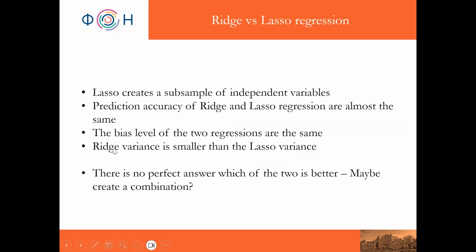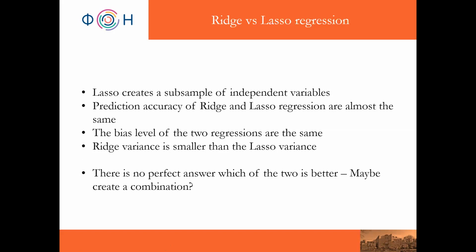Okay. So we can now even compare ridge and lasso regression. Lasso regression creates a subsample of your independent variables. As we saw, lasso regression more easily shrinks the values of your indicators. The prediction accuracy of these two regressions is almost the same. So definitely there is no perfect answer whether ridge regression or lasso regression is better.